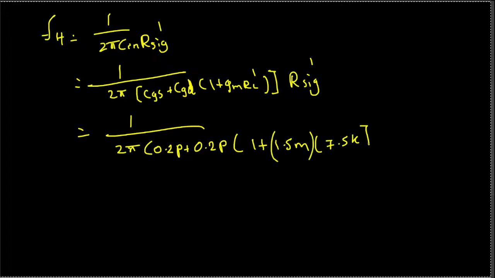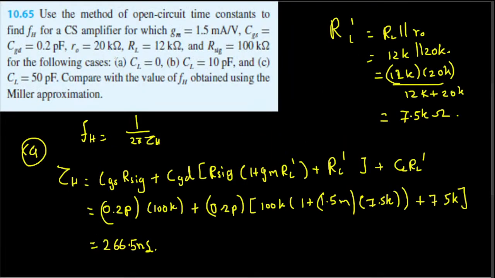Okay, then that one multiplied by the Rsig prime. And in some cases Rsig prime, if in the question they provided Rπ and Rx, you need to calculate the Rsig prime, because when you provided Rπ and Rx, that is like Rπ parallel Rx plus RB parallel Rsig, so you have to calculate Rsig prime like that.